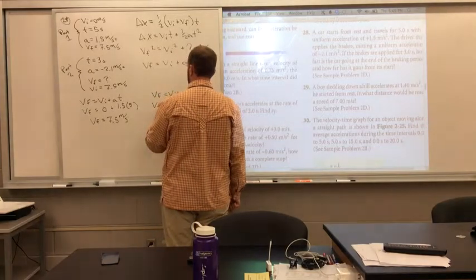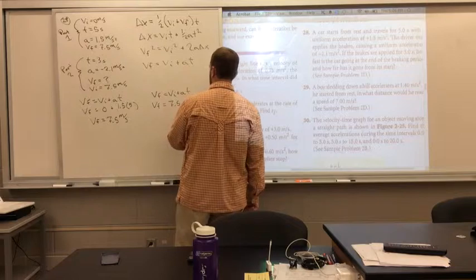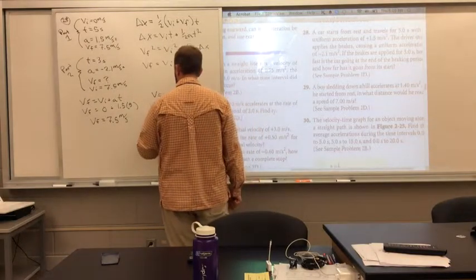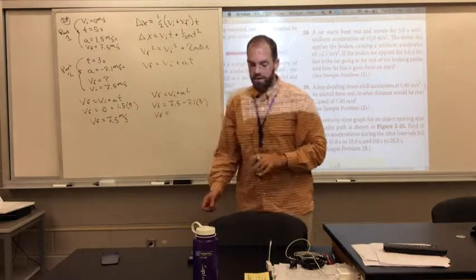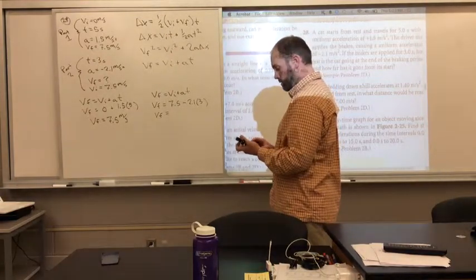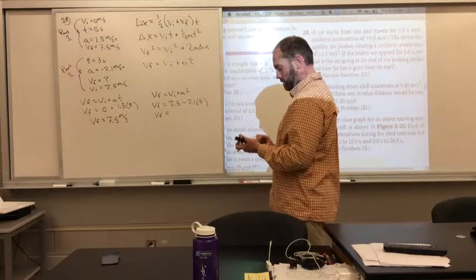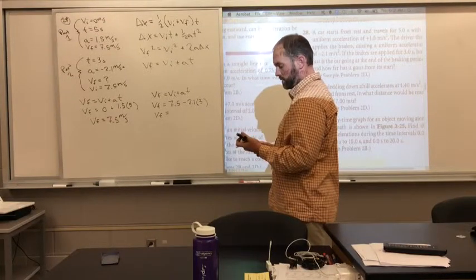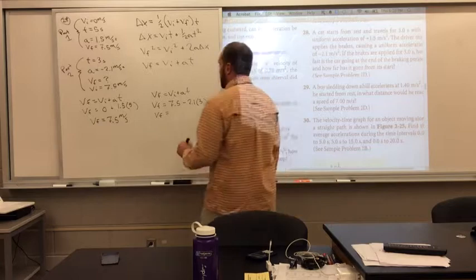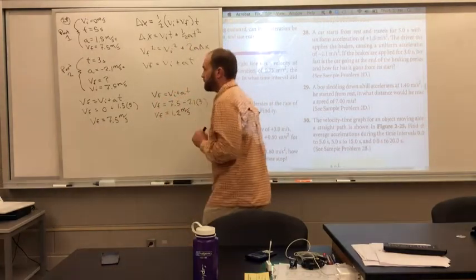VF equals 7.5 minus 2.1 times 3. And you will get a final velocity of 1.2 meters per second.